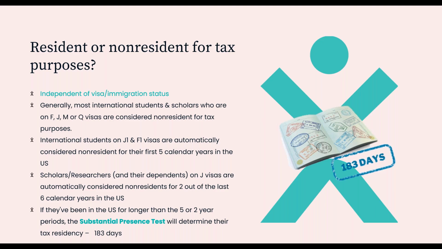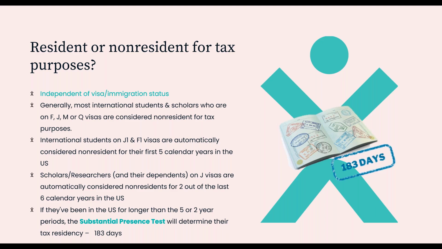Generally, most international students or scholars on F, J, M or Q visas are considered non-resident for tax purposes. But the rule that the IRS follow is that if you're on an F1 or a J1 student visa, generally you're considered non-resident for the first 5 calendar years here in the US.